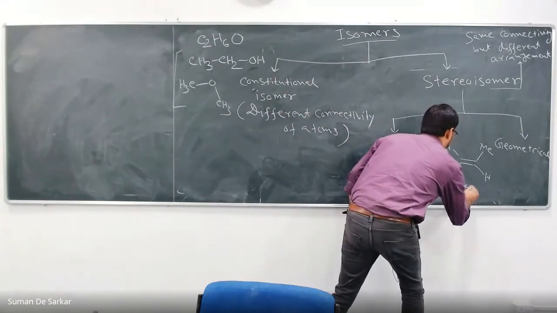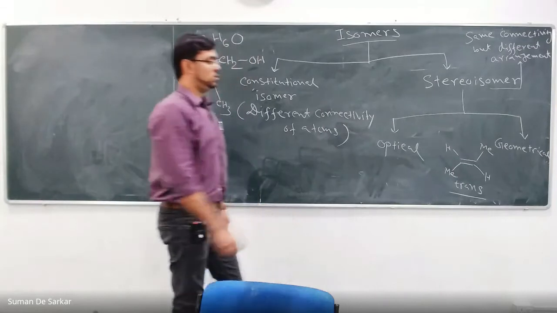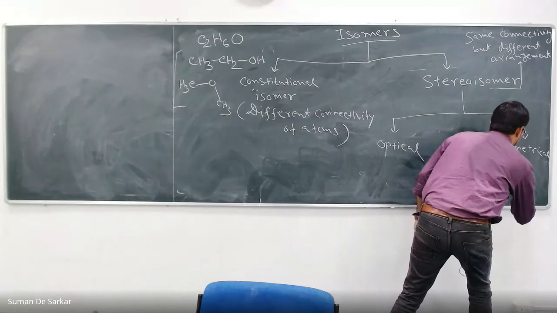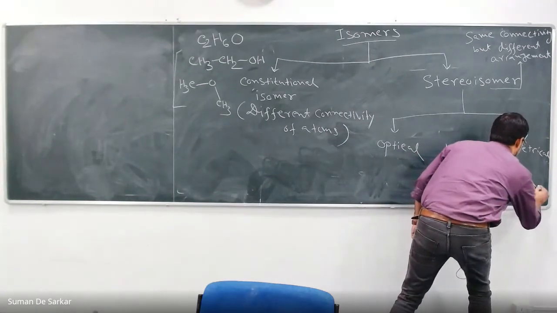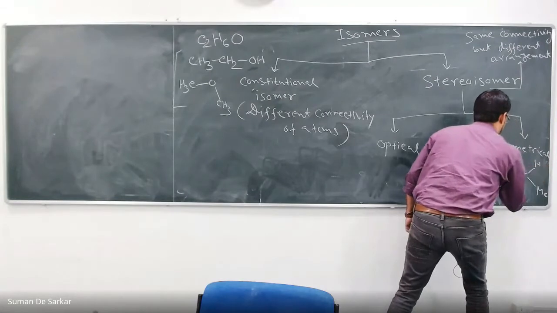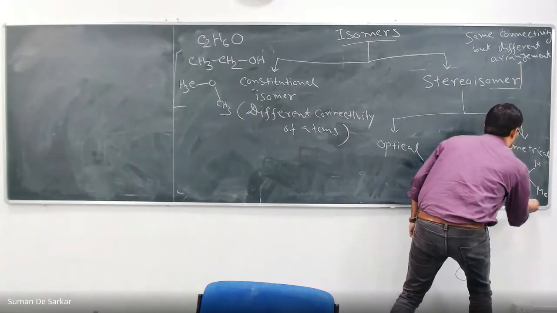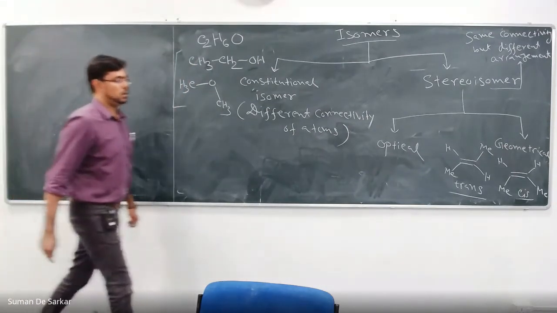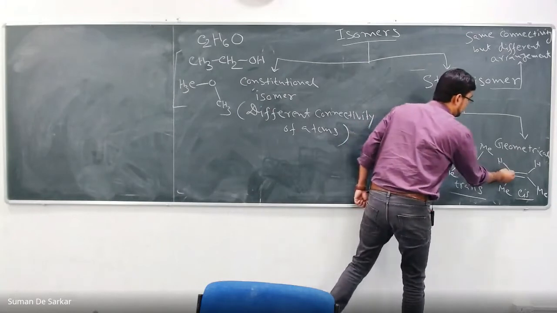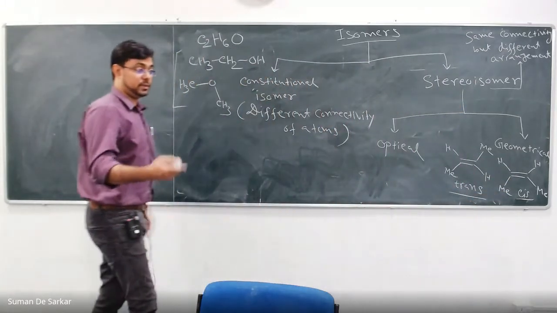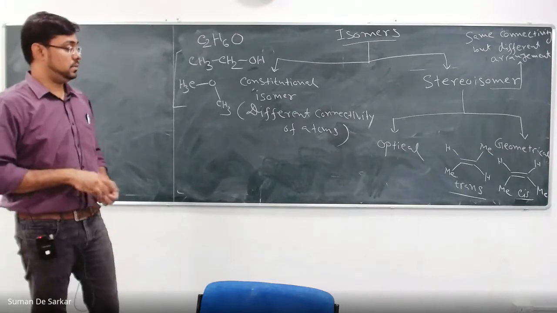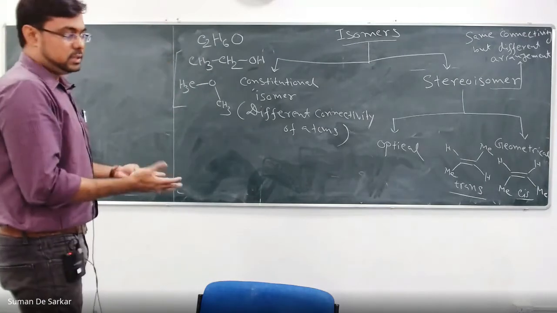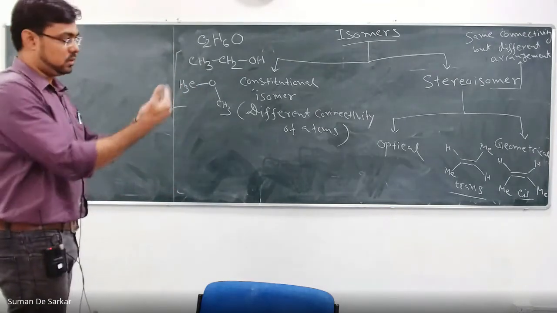If you compare this with this guy, where 2 methyl groups are on the same side, which is the cis isomer, then you will say these 2 are geometrical isomers, or more specifically geometrical stereoisomers, because they have the same chemical formula, same connectivity, but the arrangement of methyl groups or hydrogens is different.